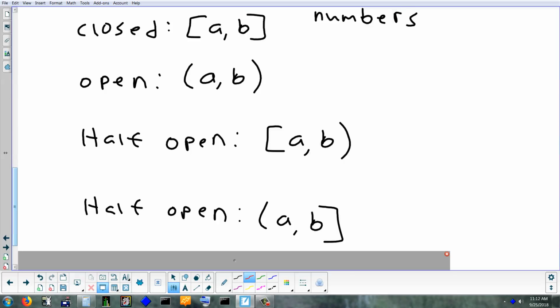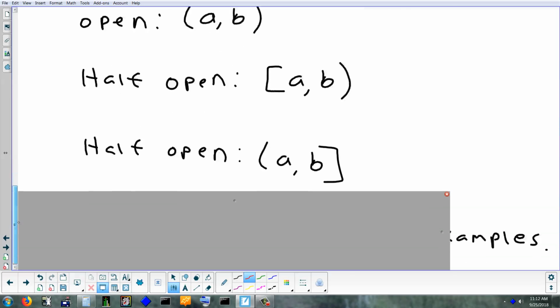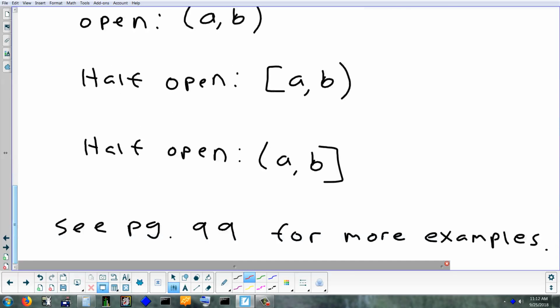Parenthesis is when it's just a less than or greater than. And I think page 99, they actually sketch out a number line for each one. So if this is A, this is B, they just go like this. And they actually draw it the way it would be on a number line.